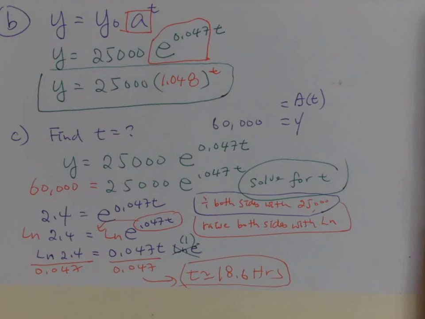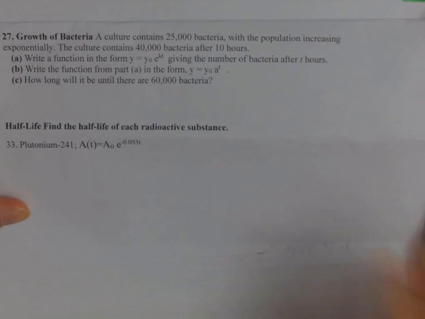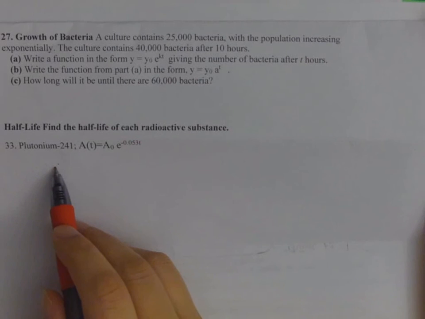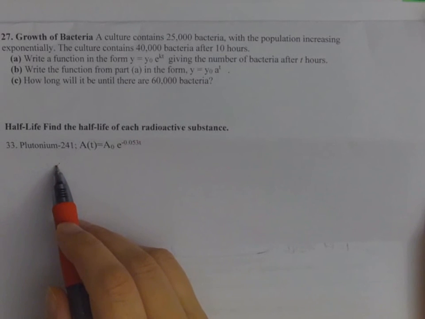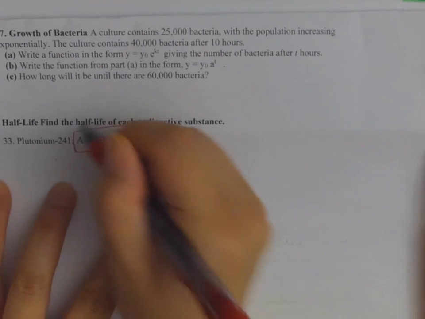Very last question on number 33. Okay. So they want to know the half-life of this. So this is some kind of radioactive material, I assume. So they give you the function here.